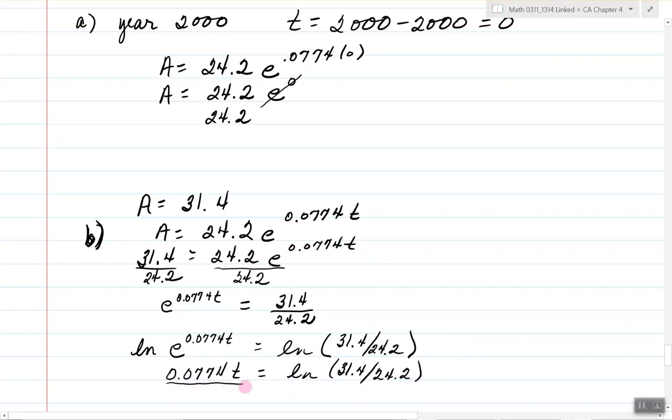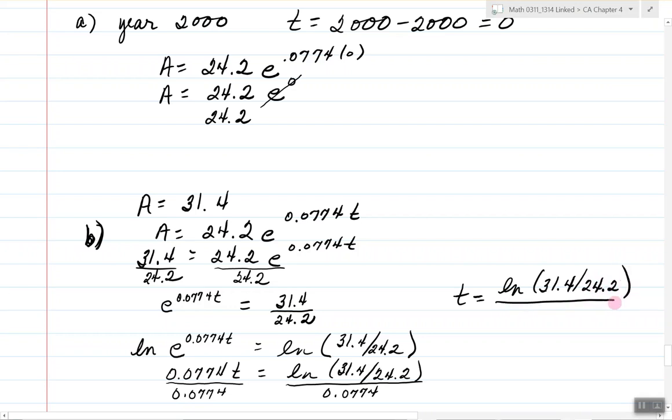And I'm going to divide by 0.0774. And I have t is this crazy looking answer, ln of 31.4 divided by 24.2 all over 0.0774.